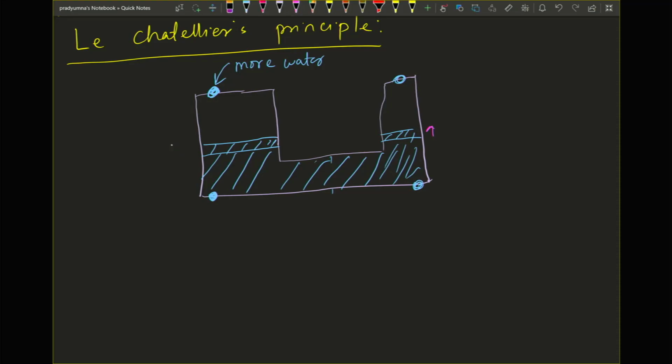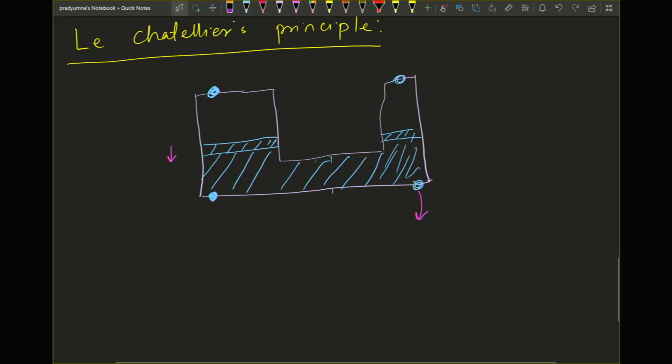Now think of another example. Instead of adding water, what if I open my tap here, and let some of the water go from this side? What's going to happen? Even though water is leaving from this side, the water level is also going to drop on the left side.